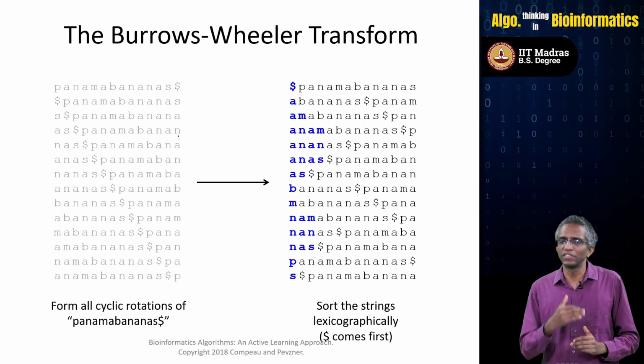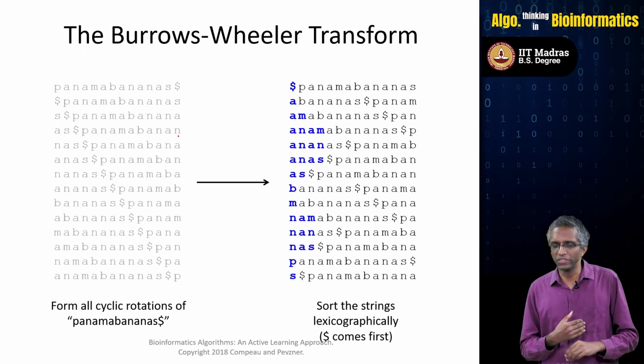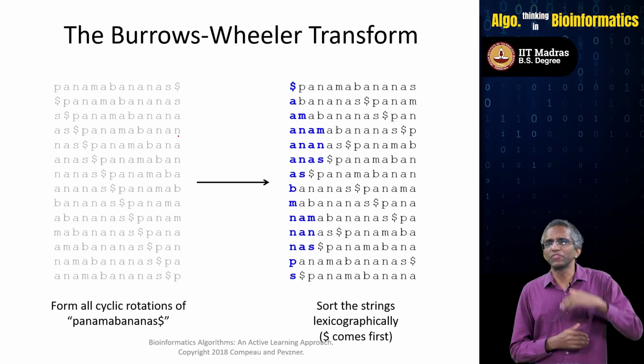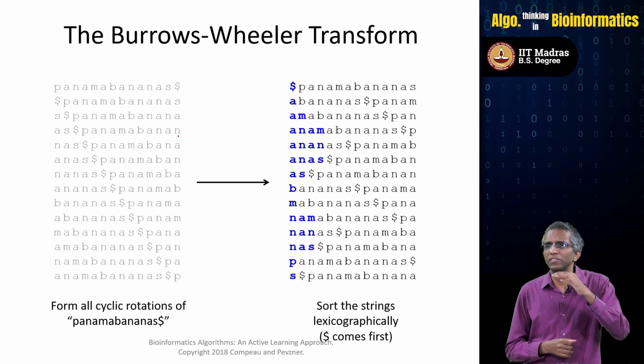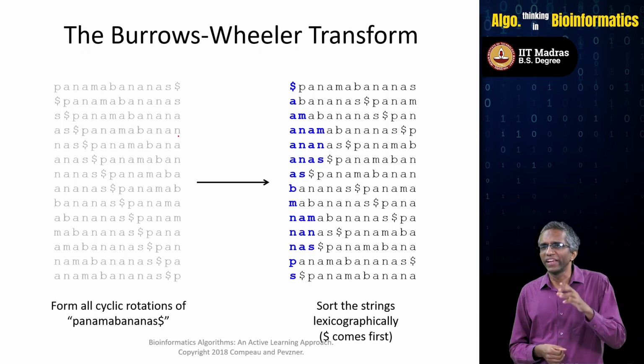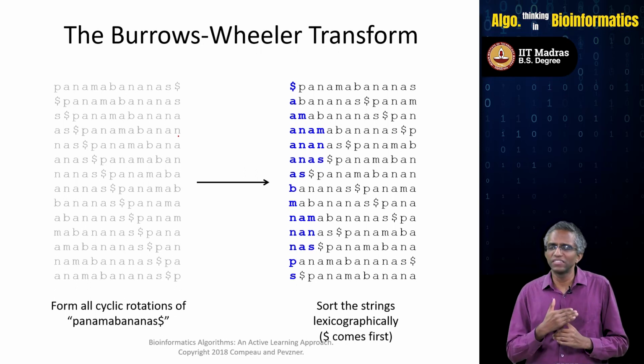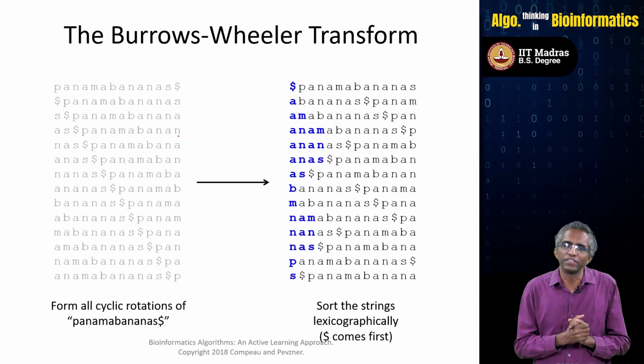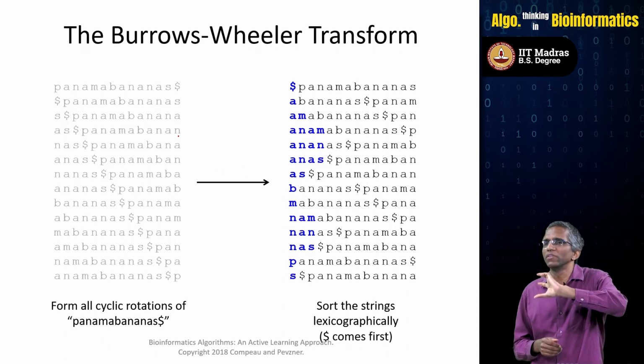It's just the standard way in which a dictionary sorts the words. Dollar comes first. That is a special symbol, so it always comes first. A comes before B, B comes before C, and so on. When you have ties, you ignore all the tied letters, and you look at the next letter which is distinct, and then you apply the sorting on that letter.